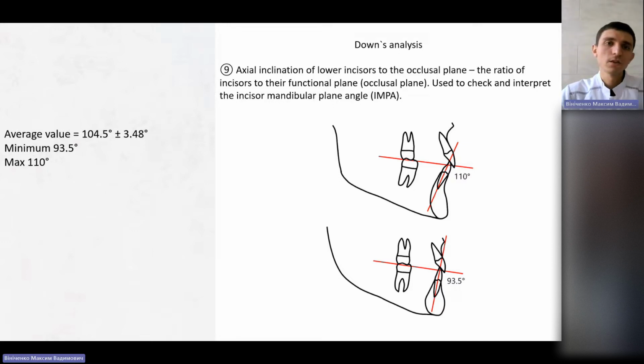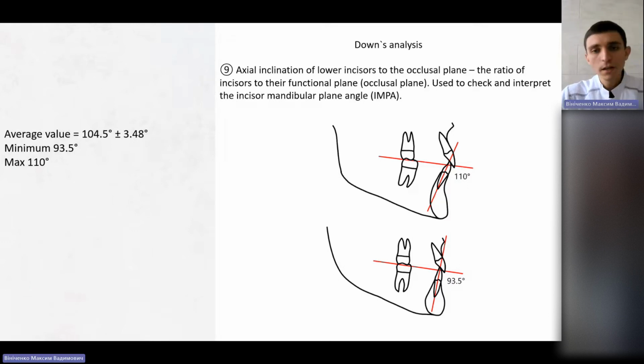We do not use this inclination of lower incisors to the occlusal plane a lot in our practice, but you need to know that Downs uses this in his analysis.